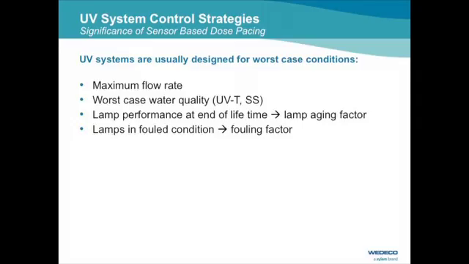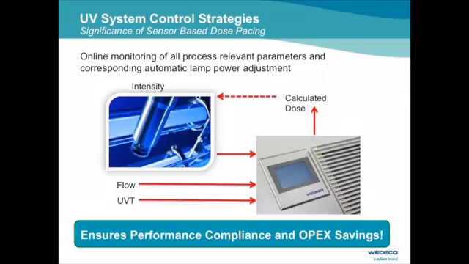Especially since UV systems are typically designed for worst-case scenarios, taking end-of-life conditions and most foul conditions, it's so important that you monitor all this and that there is an intelligent control, which modern UV systems have, and which has a closed-loop control to adjust lamp output, to bring banks or lamps into operation or discontinue them in response to all of these parameters.